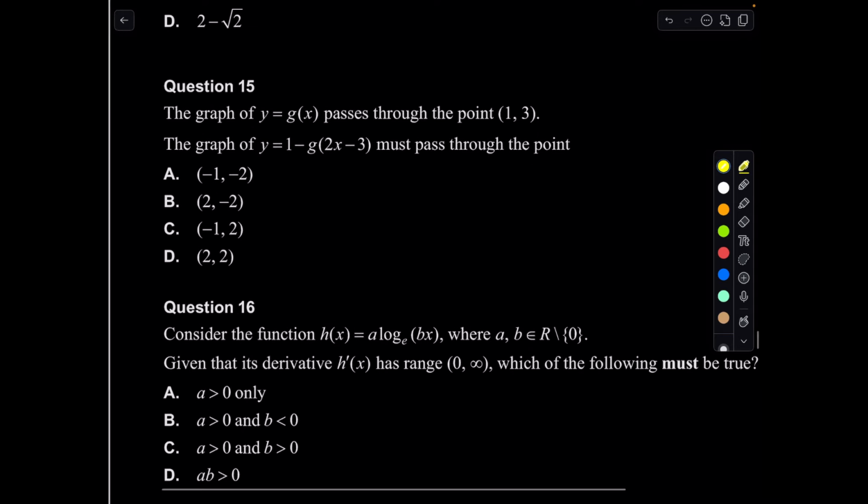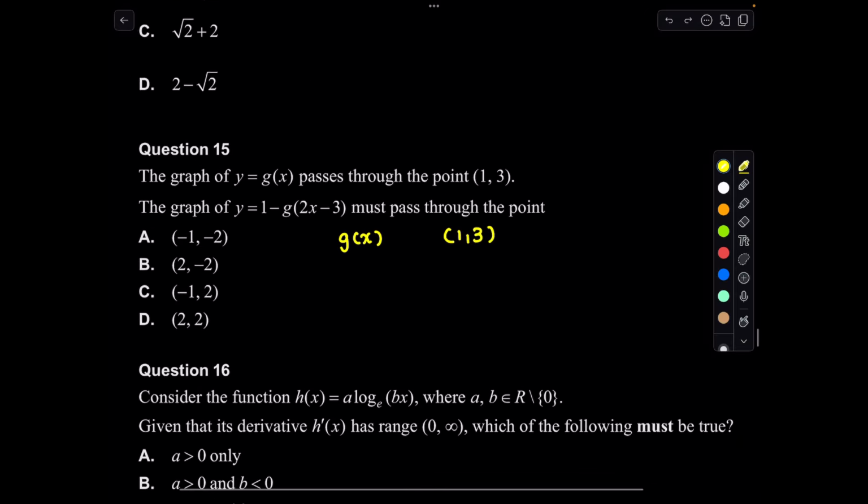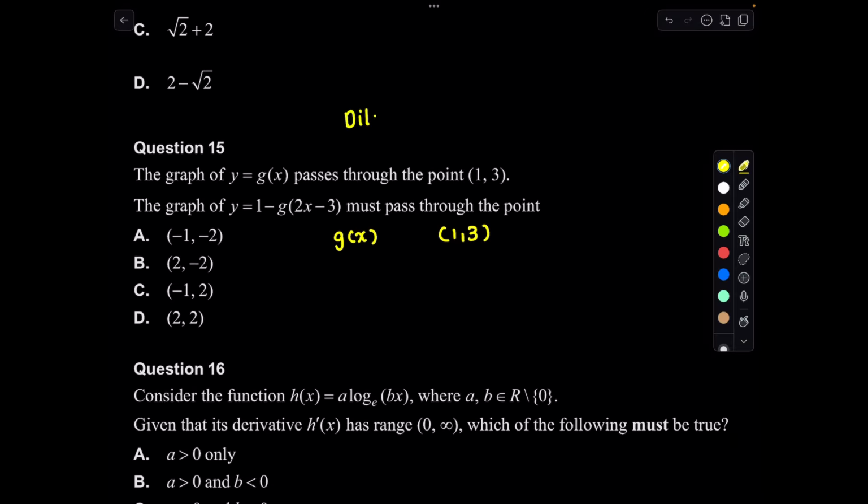So basically what we need to do is, imagine g of x. We have the function g of x, and we have this point 1, 3. Easy. Let's try to do these transformations and see what happens to this point. The first thing I'm going to do is the 2x here. For those that don't know, this is called a dilation by a factor of a half, restricting parallel to the x-axis.